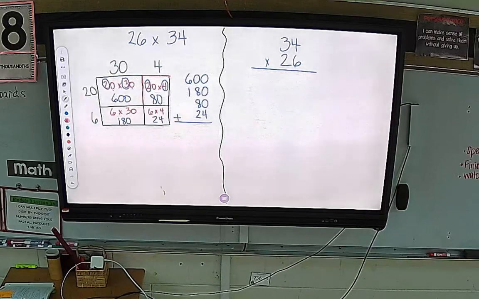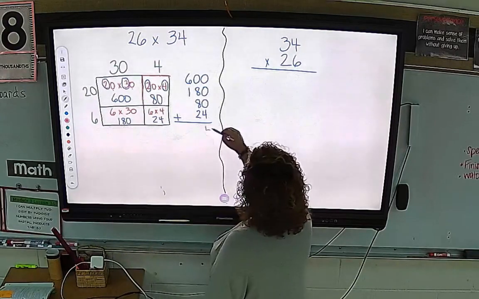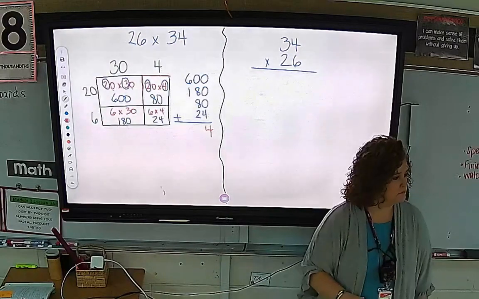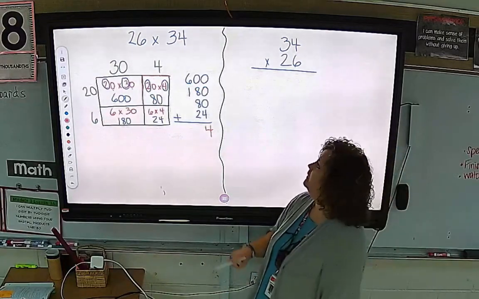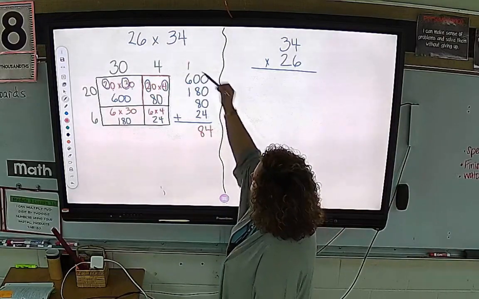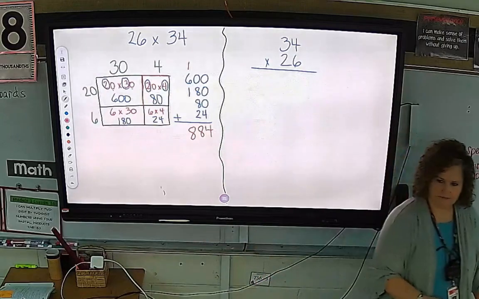Usually the numbers that you add on these pieces are not hard to add. Okay, what did we come up with? 884. That's 16, 17, 18. 884. That is correct.